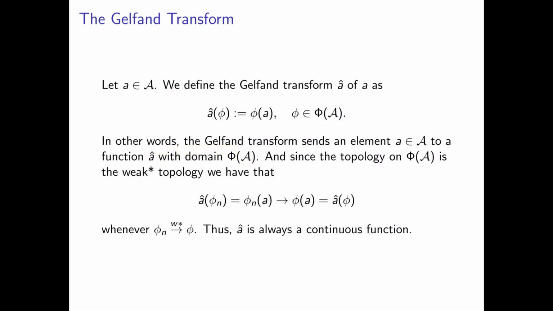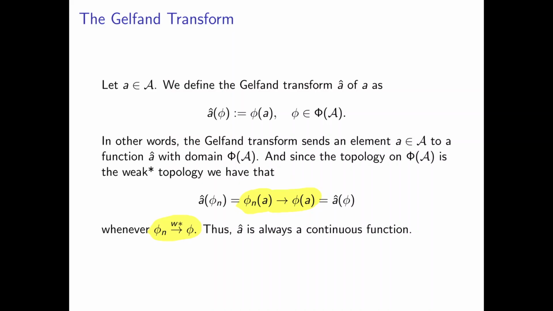Now, since the topology on the set of characters is the weak star topology, we can even say a bit more. So we see that A hat of a sequence phi n, which weakly converges to phi, is equal to phi sub n of A by definition, but this tends to this limit because we have a weak star convergence.